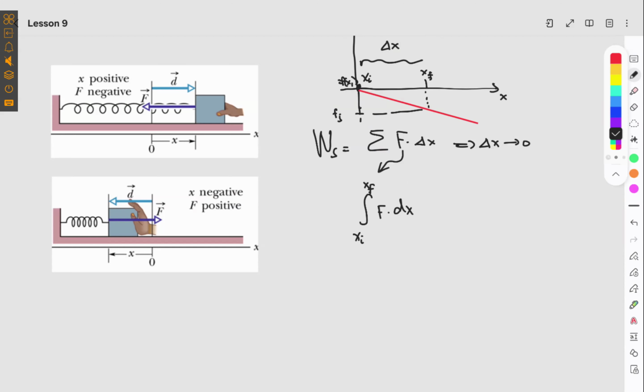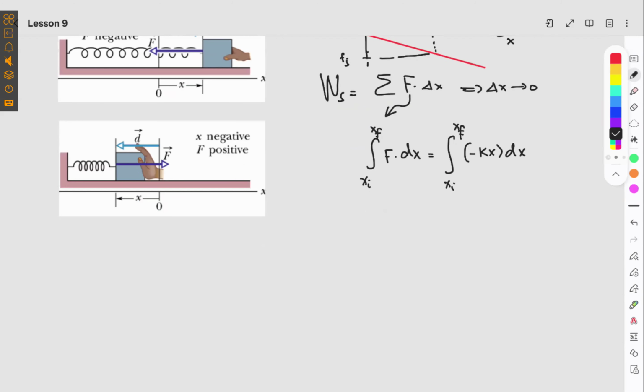If you take the integral of f of x, you know that f is equal to negative kx times dx. But k is a constant, so you just take it out. All you are left with is x dx, which is simply x squared over 2.